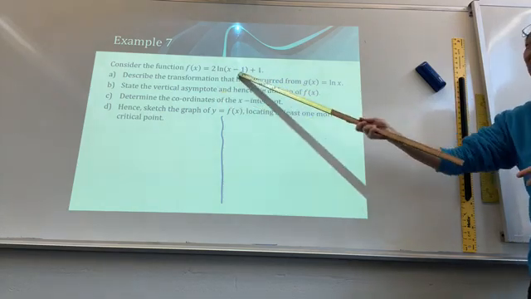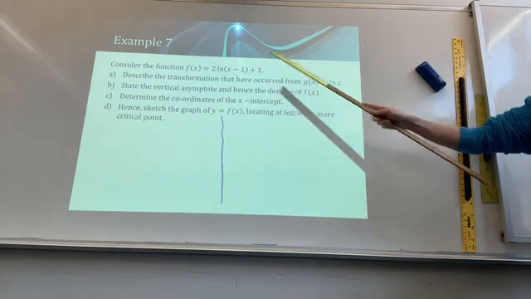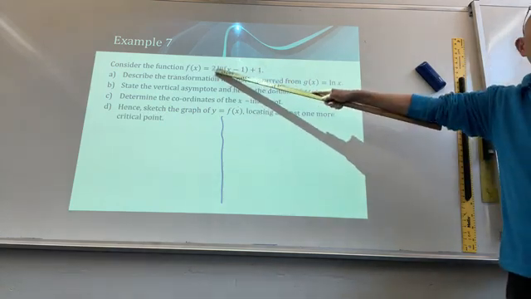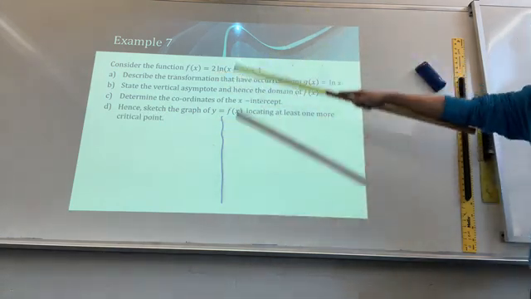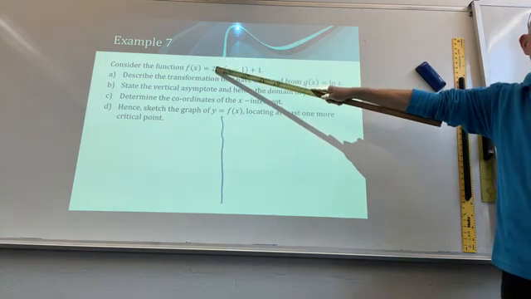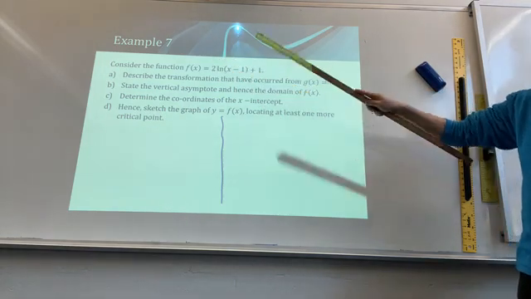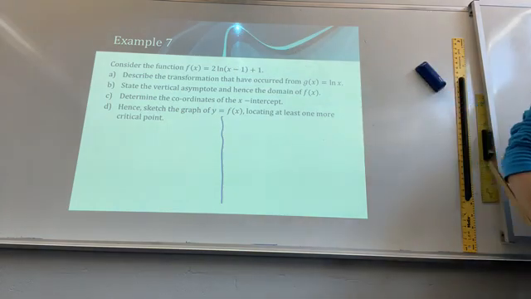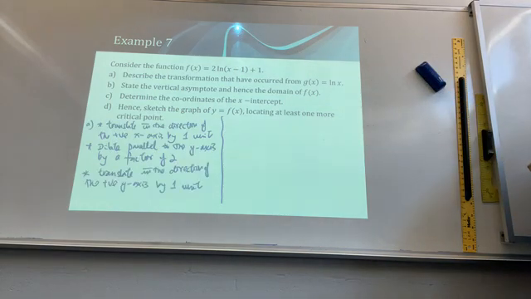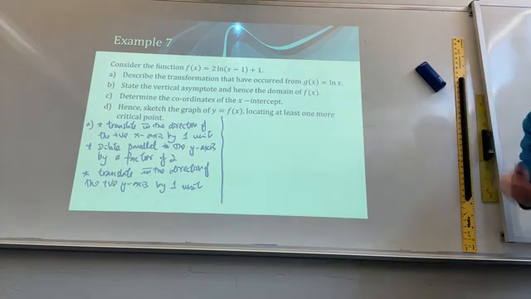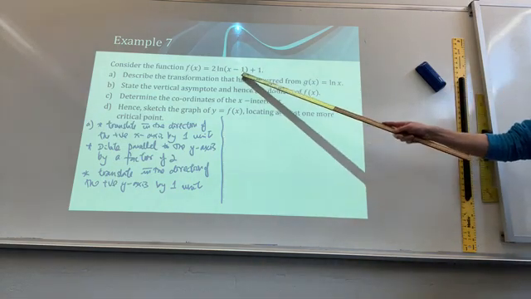In the positive x direction. 2 is a dilation. What factor? 2. And this one is a vertical translation, one up. So what you need to do is describe. Translate in the direction of the positive x-axis by 1 unit.